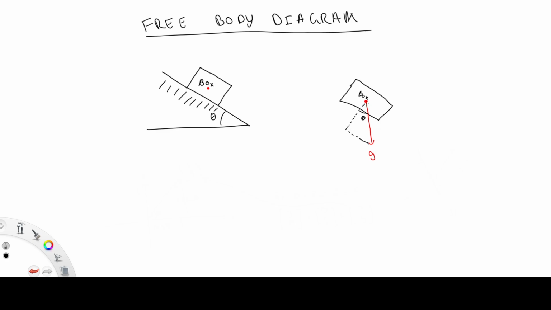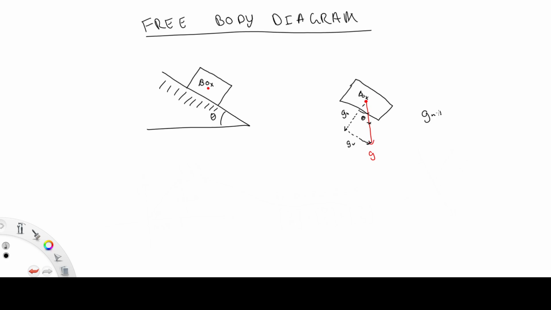This here. So now when I've split it into its horizontal and vertical components, it's going to look like this, right? So now I'm going to draw the box again, but I'm going to exclude this force and use the horizontal and vertical components of this force. So this will be G horizontal, G vertical, right?